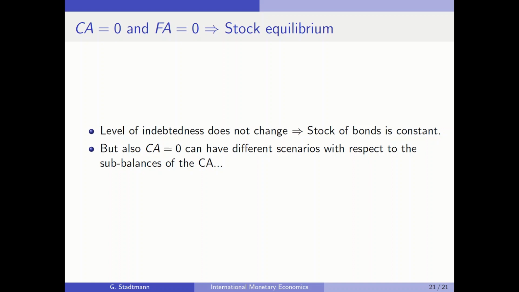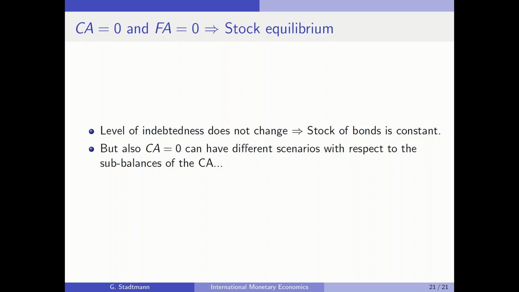This pile of stocks and bonds does not change. It doesn't increase, it doesn't decrease, it is constant. So the level of indebtedness does not change, and therefore we call this relationship stock equilibrium.